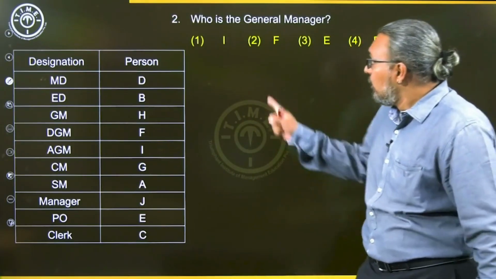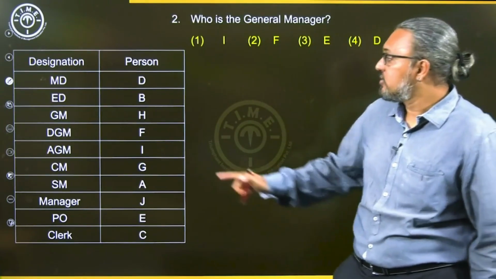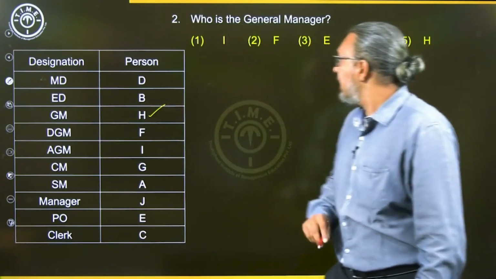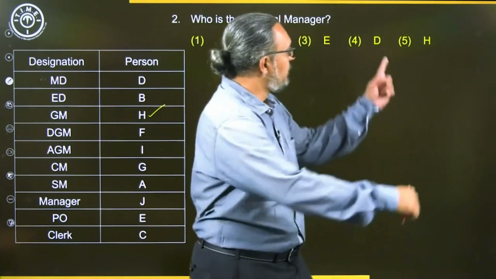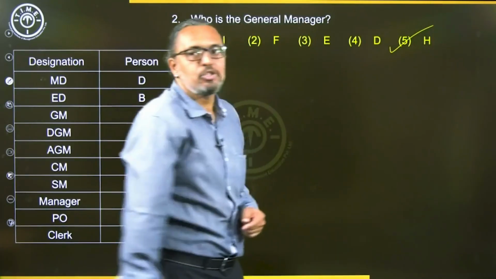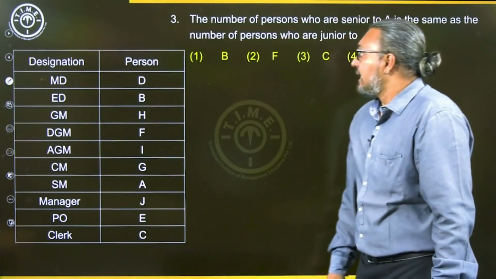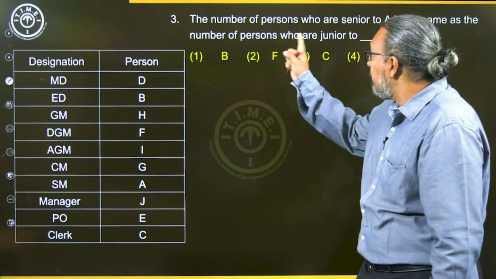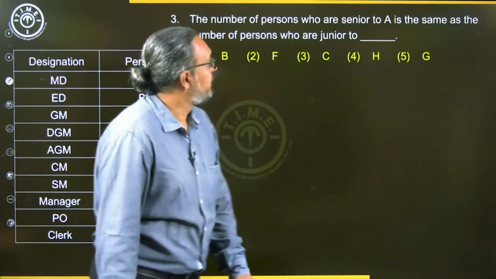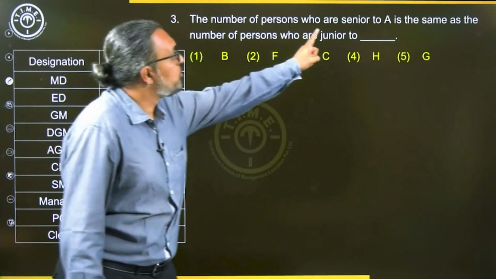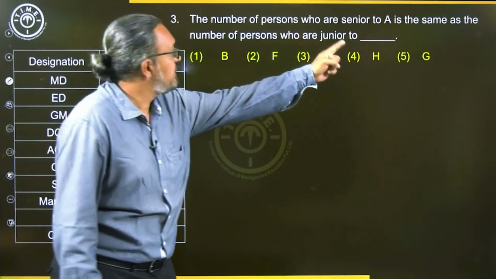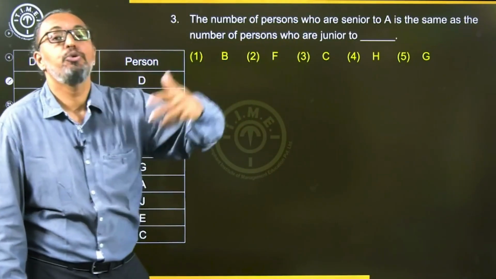Then next, who is the general manager? So, who is the general manager? It is H, and that is available in 5th option. Choice 5. Okay. Then, the number of persons, okay, let me read it here. The number of persons who are senior to A is same as the number of persons who are junior to.